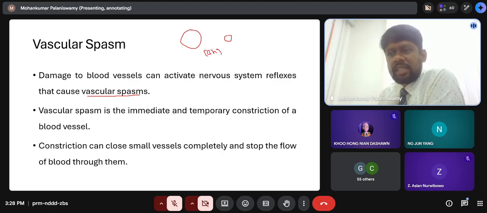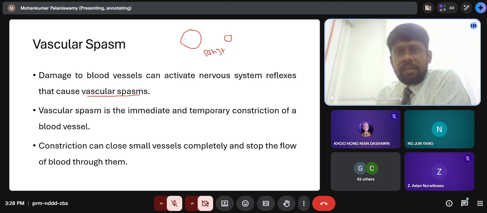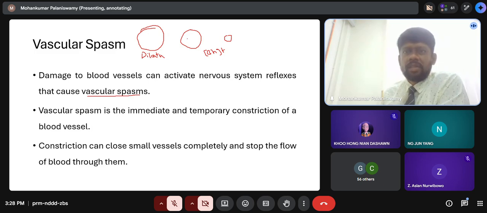C-O-N. Yes, it is very difficult to type with the mouse. Constriction. If the diameter gets increased beyond the normal level, then it is called dilatation, vasodilatation. This is the normal diameter of our blood vessel.